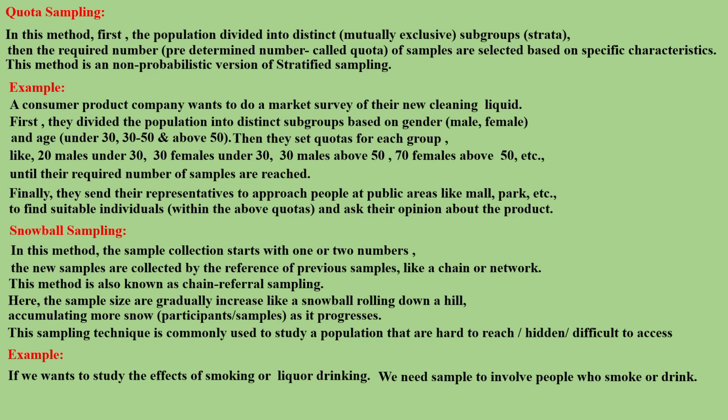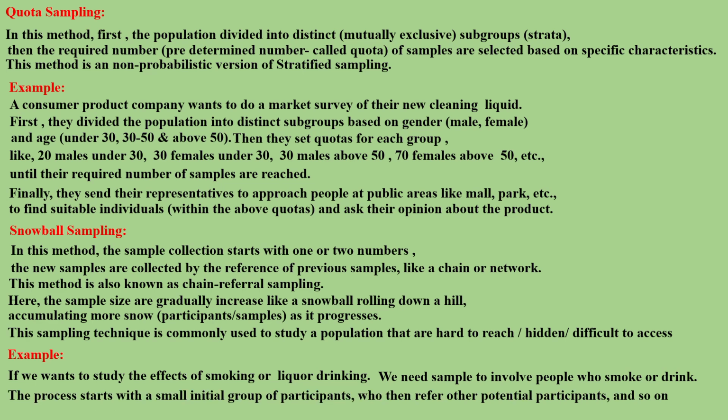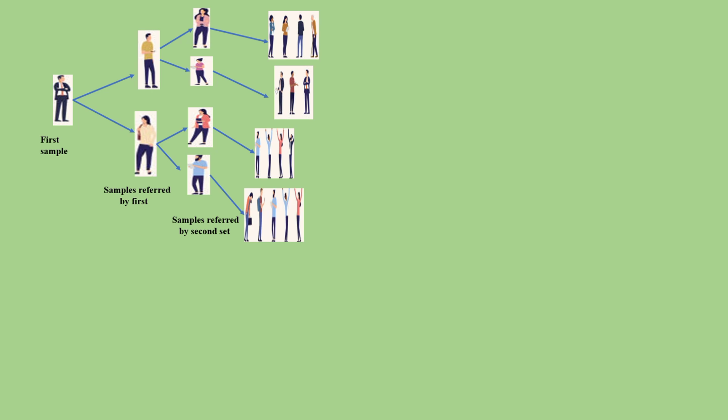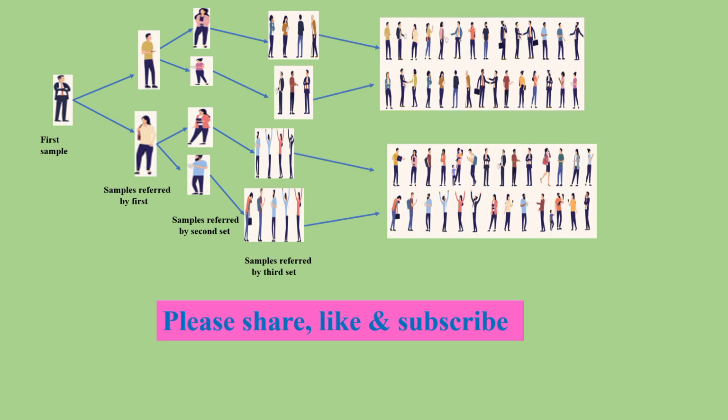So the process starts with a small initial group of participants who then refer other potential participants and so on. So first sample, then the sample referred by the first, then the sample referred by the second set, and the sample referred by the third, and it will grow like this.